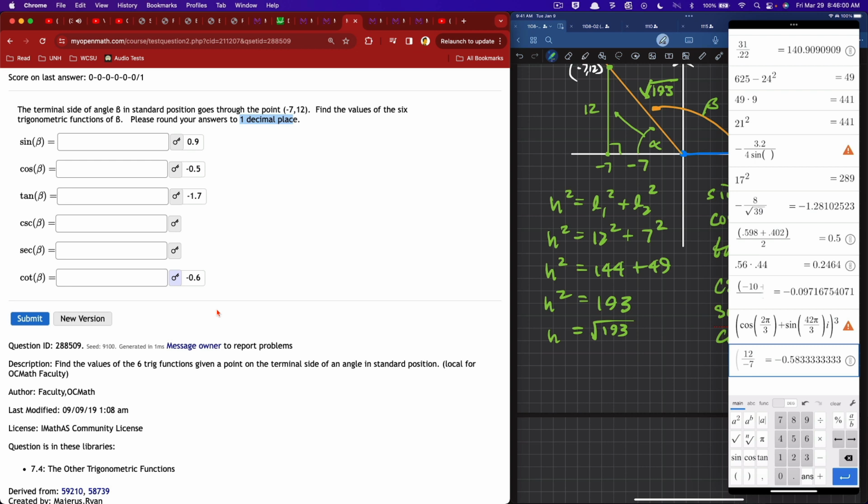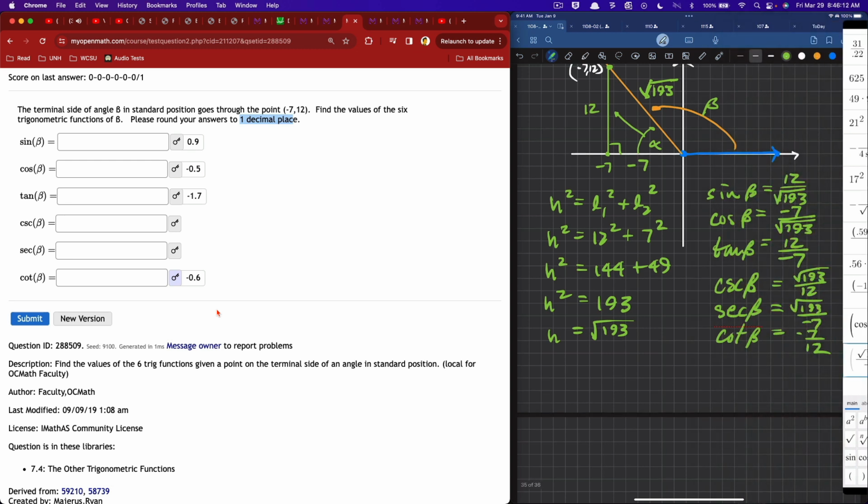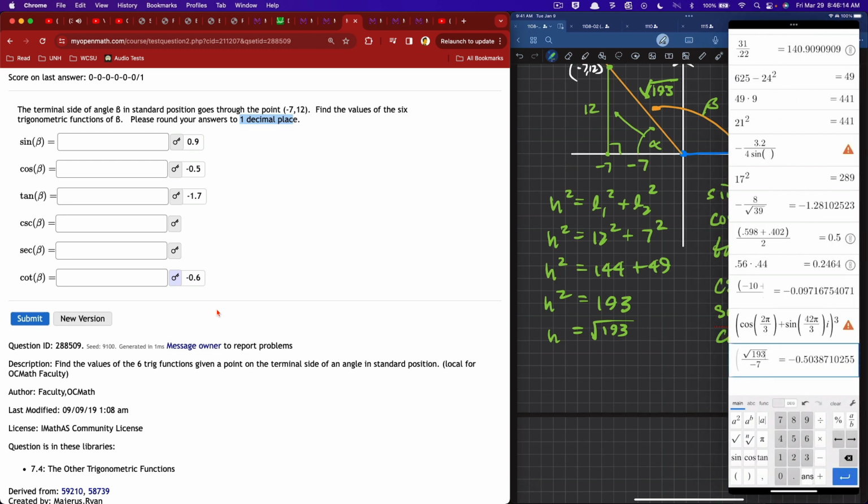And now that I have that, I'm going to change this to the square root of 193. And that's the one that's over -7. So just be careful because I'm not doing them in order. This is secant. So that's -0.5. Wait, what? Did I lose the negative?